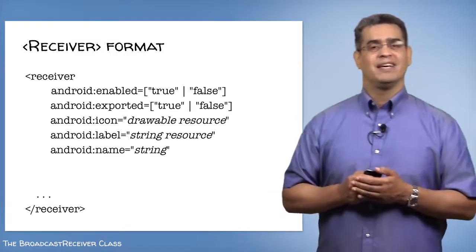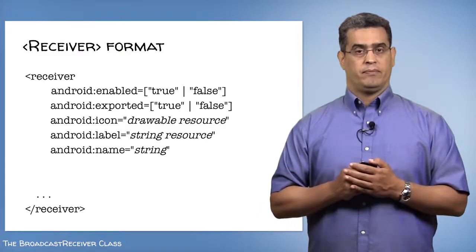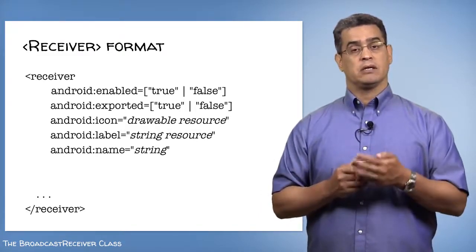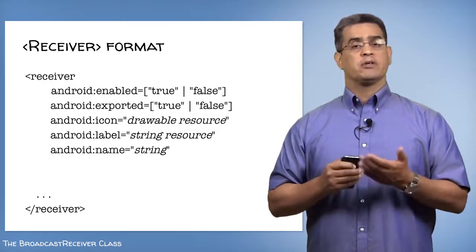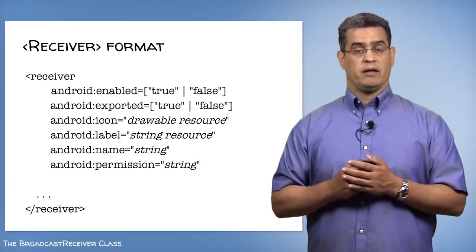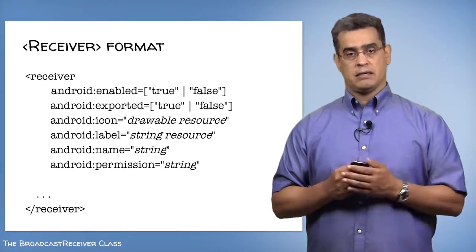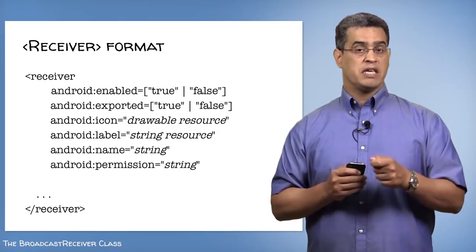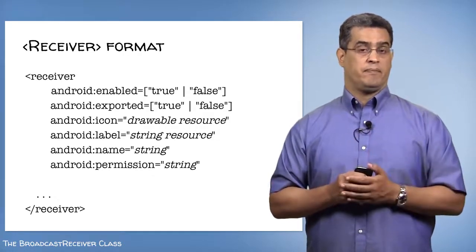Another attribute is Android name, which gives the name of the class that implements this receiver. There's also Android permission, which defines a permission string that the sender of an intent must have in order for this receiver to receive an intent from them.